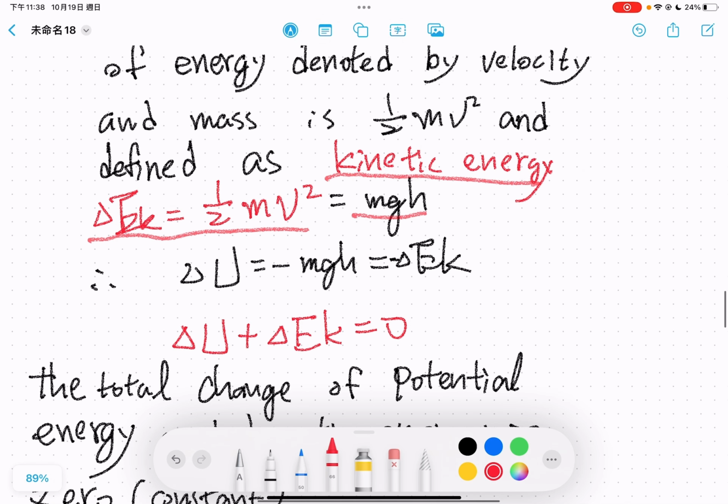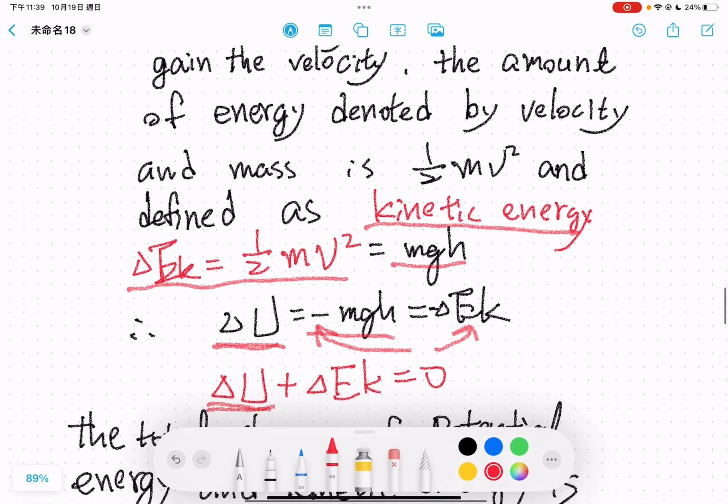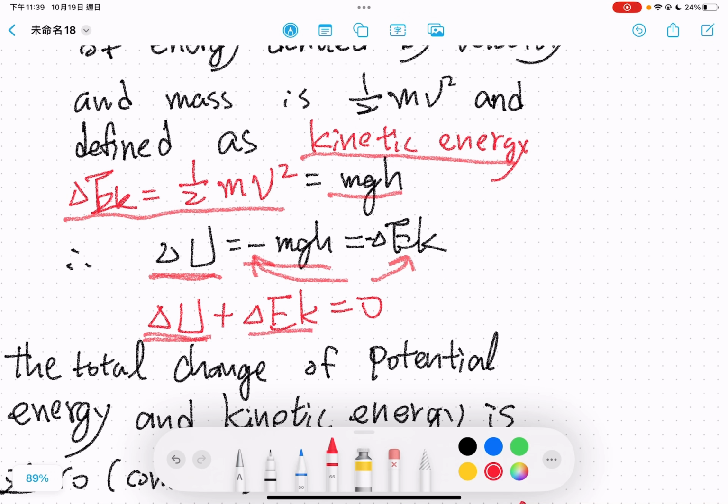Then the delta U, the change of the potential energy, is minus mgh. Please remember this is the released energy, and the released energy will become the kinetic energy. So finally we found the change of potential energy plus the change of kinetic energy will be zero.